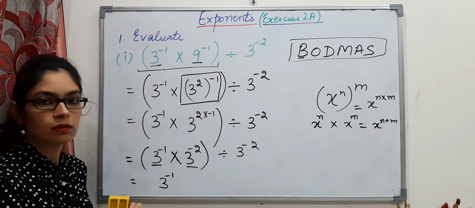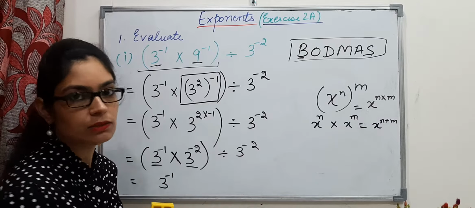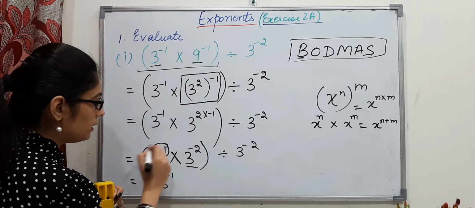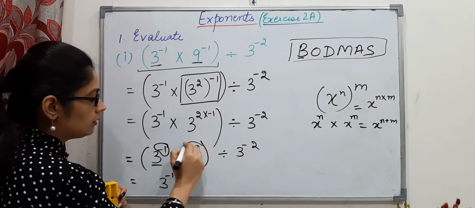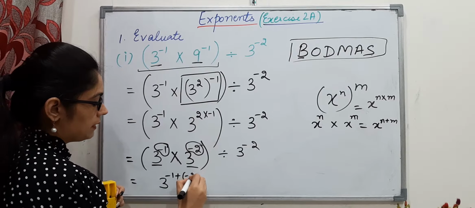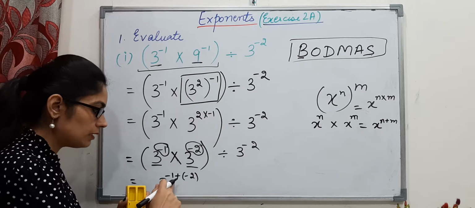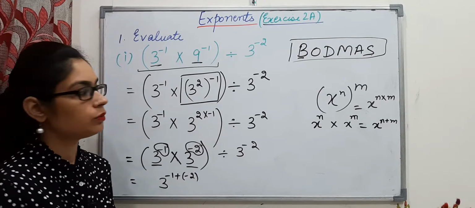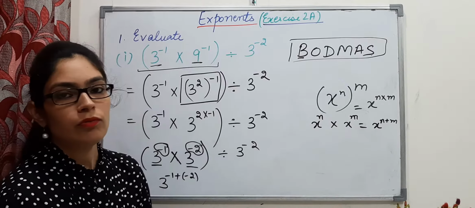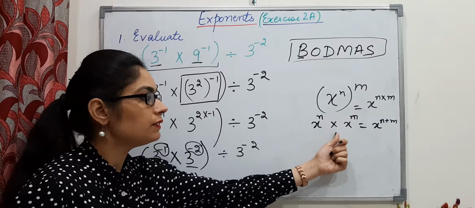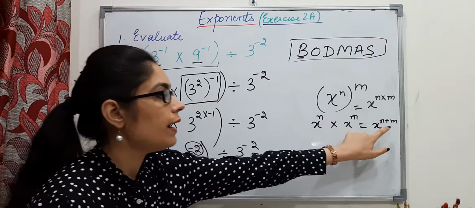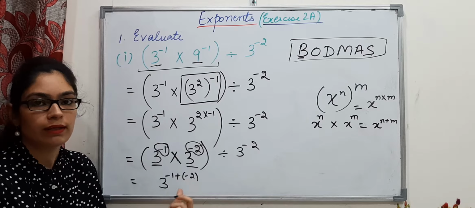Minus 1 as it is along with the sign, plus this minus 2. So the base 3 only one time, minus 1 plus minus 2. According to this rule, if the bases are the same and the numbers are getting multiplied, we have to add the powers. So that's what I have done here.